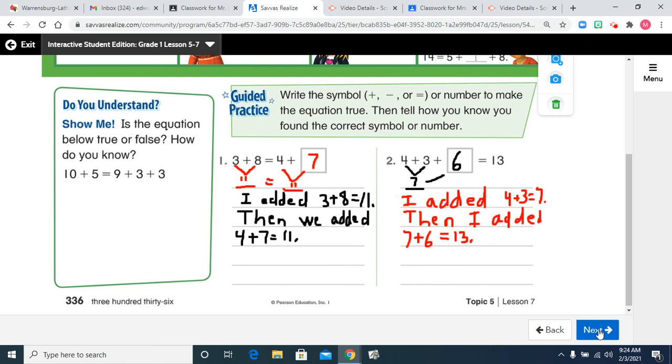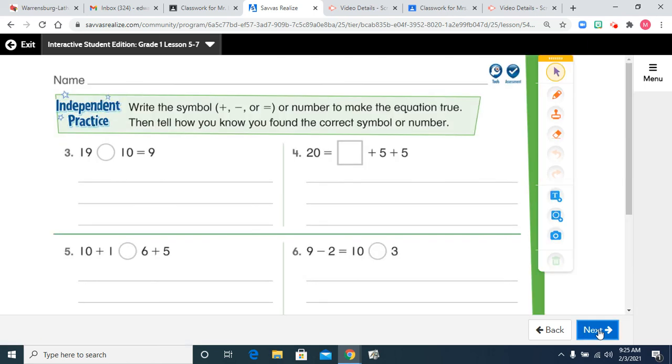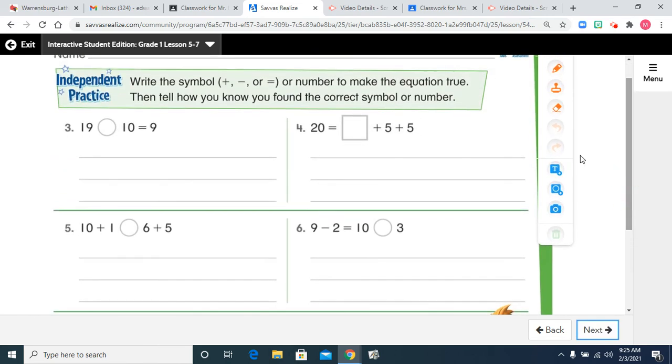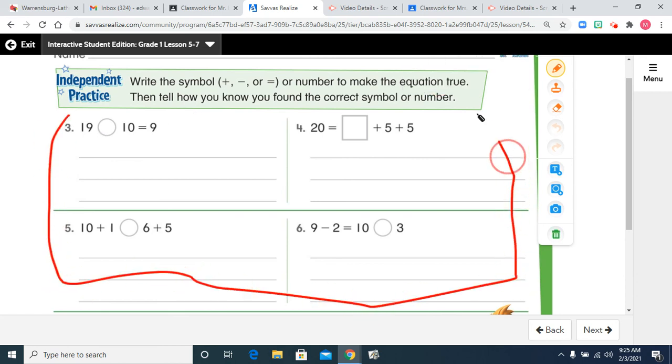If you're done with that, please turn to the next page because you're going to be doing the same thing. All right? I want you to try the top 4 problems. I want you to do numbers 3, 4, 5, and 6. Now, on this page, you will have to use some symbols.